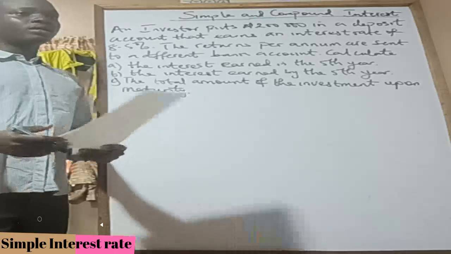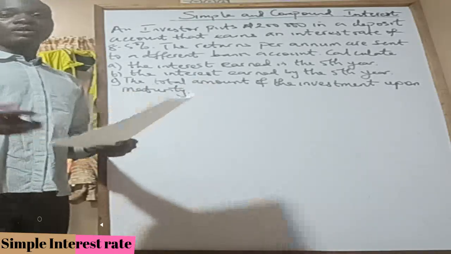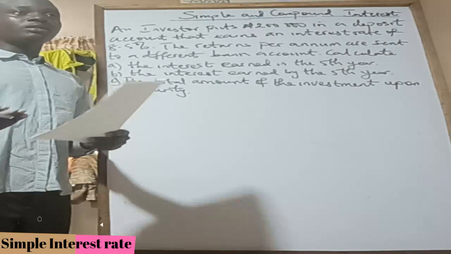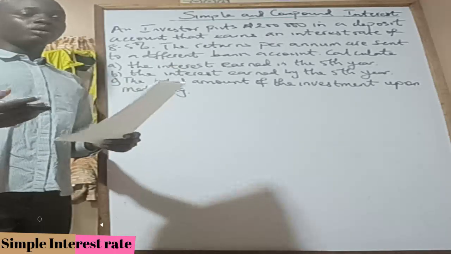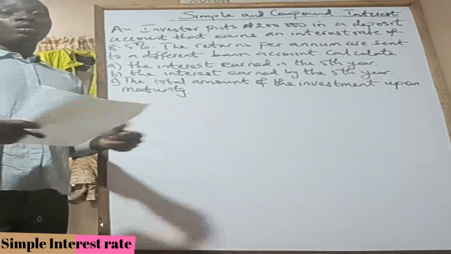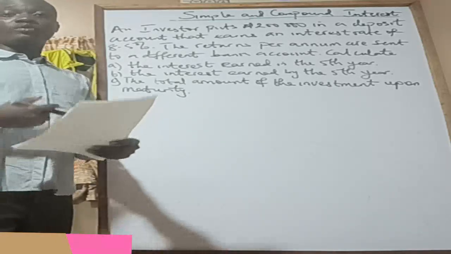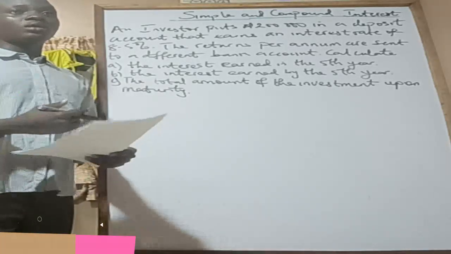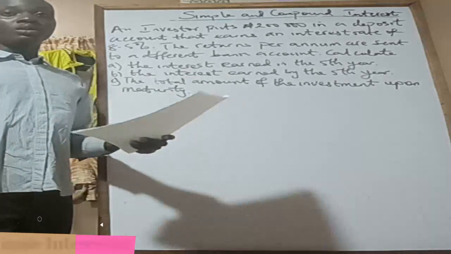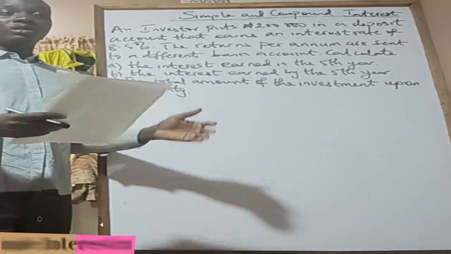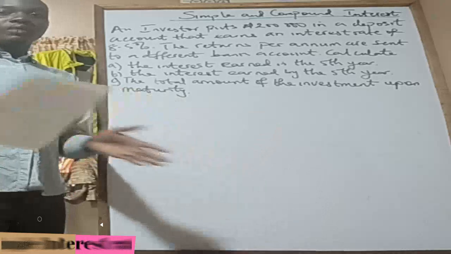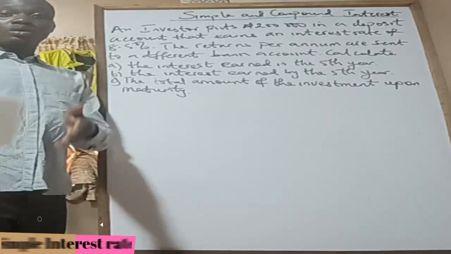Now, for simple interest, we are looking at investing a particular amount of money. Let me talk about the compounding part. What compounding means is that, for example, if you were to invest the money for 2 years, when the interest rate is per annum, per 1 year, it means that by the end of that year, you're supposed to collect your interest.